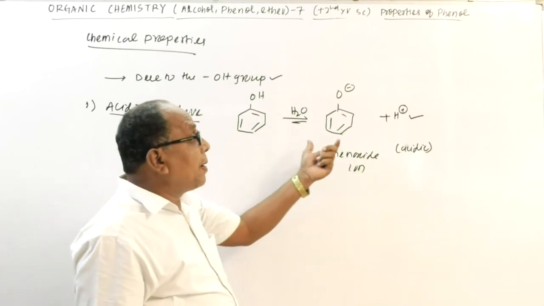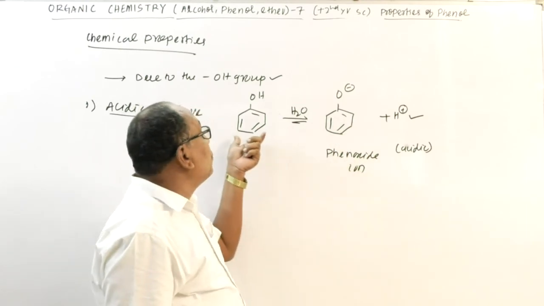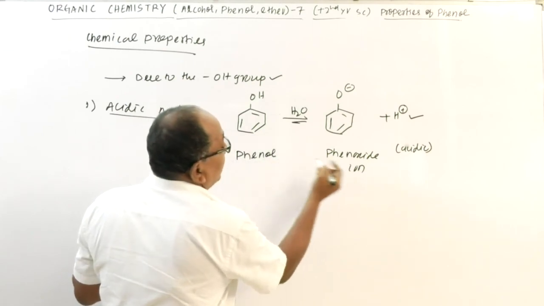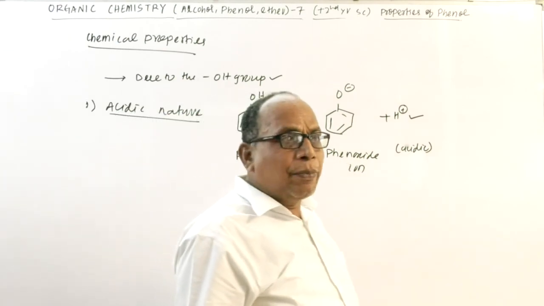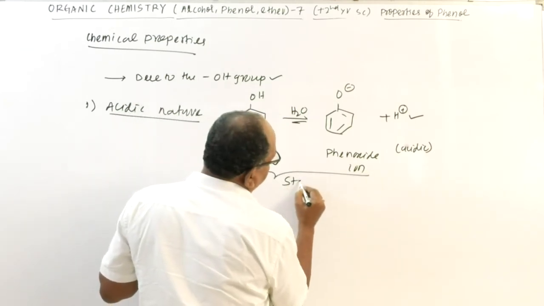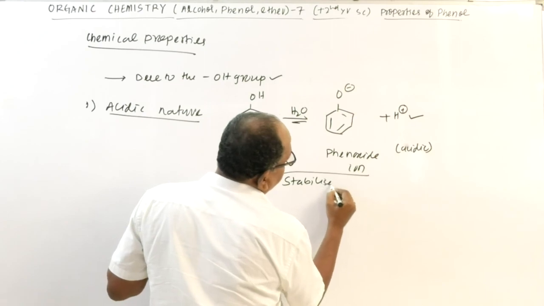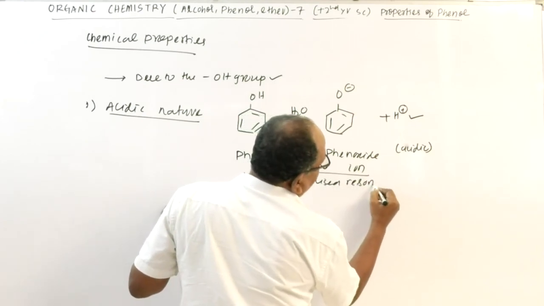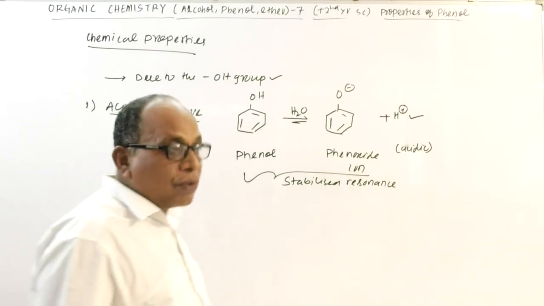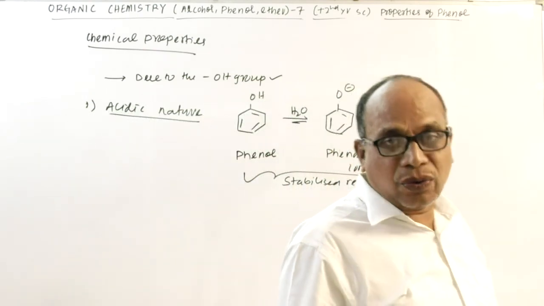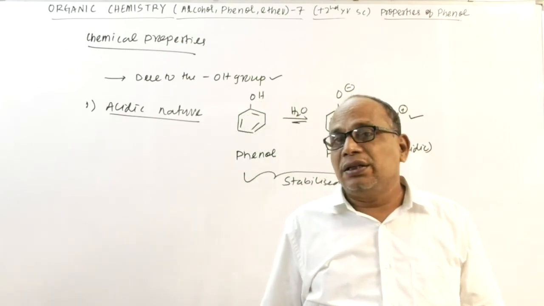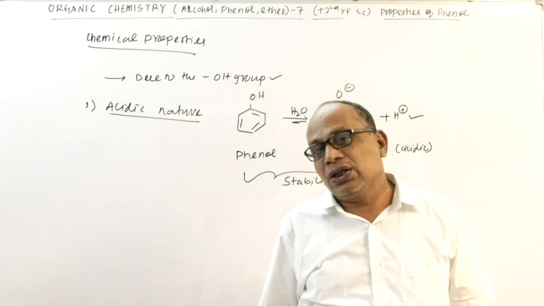That means we have to compare the stability of phenol and the phenoxide ion. Both phenol and phenoxide ion are stabilized by resonance. That means delocalization of pi electrons to give different possible structures. These structures are known as resonating structures.